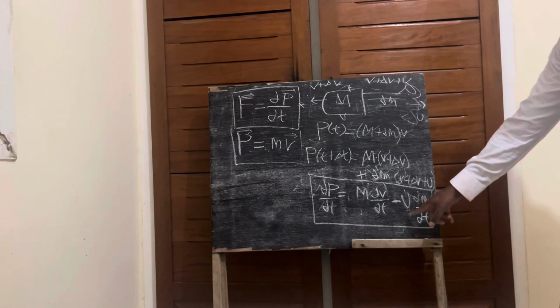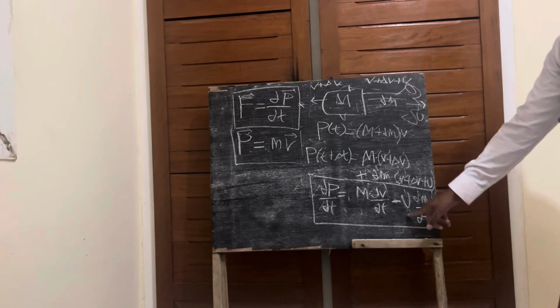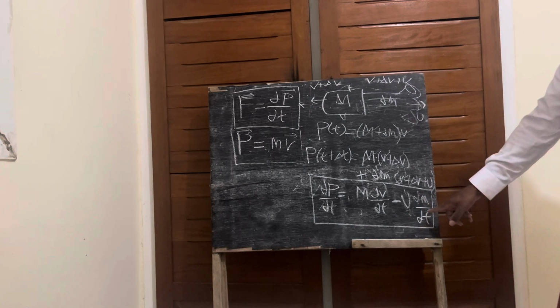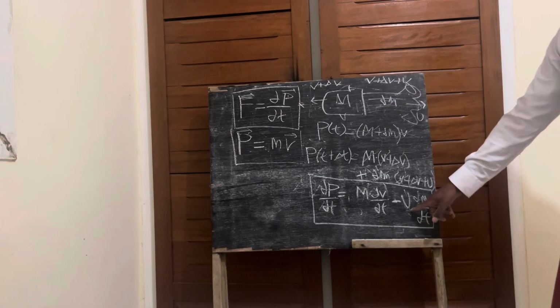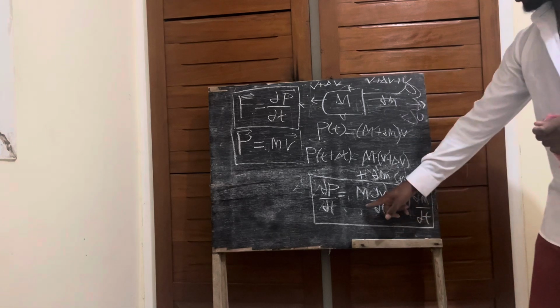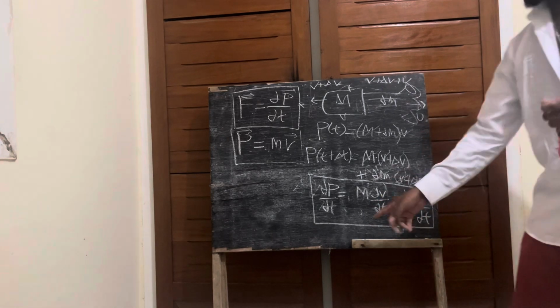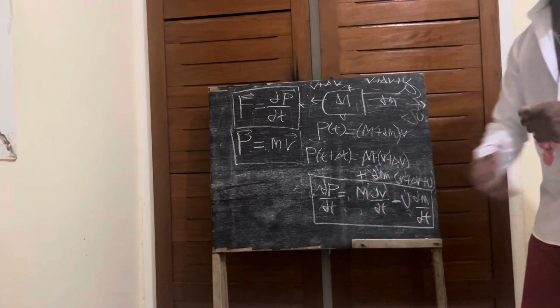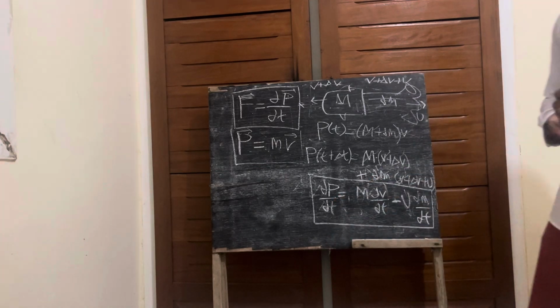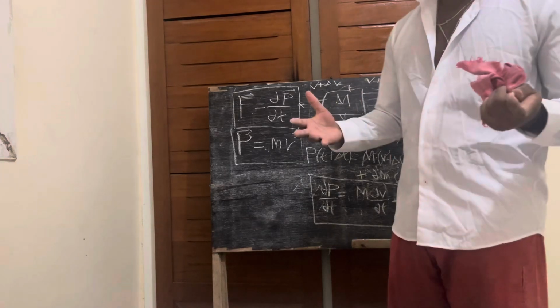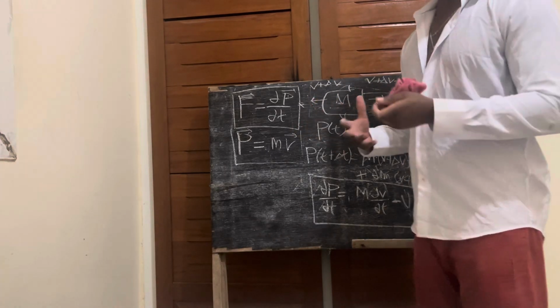And now we have the velocity of the thing that's being ejected with a change in mass. So there's a change in mass related to the velocity of the thing being ejected, and there's a change in the velocity of the ship as a consequence of this being ejected, which is equal to a total force. And that's really it, which is maybe the force of the explosion related to the combustion inside the ship.